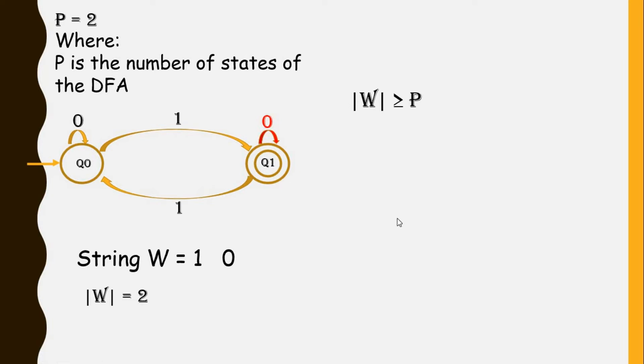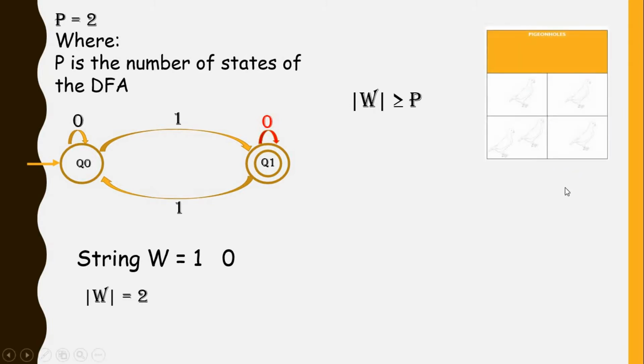Now, how do we apply this concept? How do we compare this idea with the pigeonhole principle? Well, the pigeonhole principle only happens if there are more pigeons than pigeonholes.